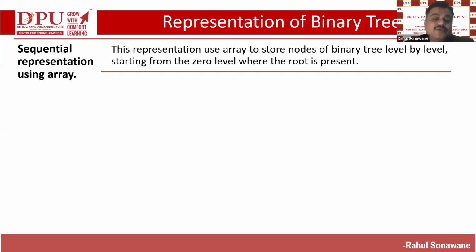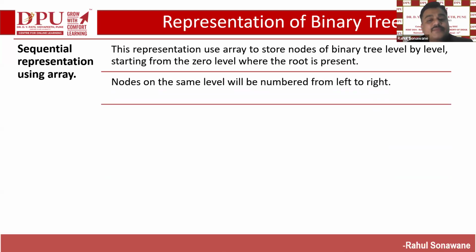So root will be kept at the 0th index of that array. Further, we can store the children of every successive element in every successive level of that tree.